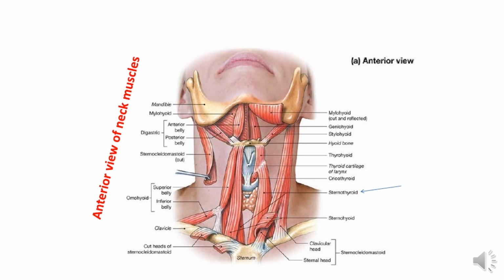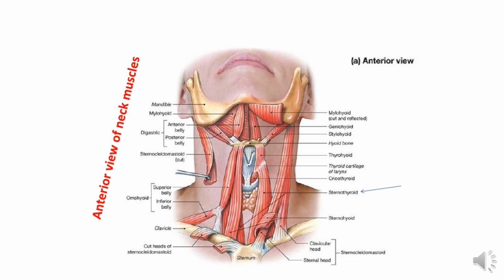Next we see the anterior view of the muscles of the neck, the external muscles of the neck. Regarding the hyoid attachment, the muscles above the hyoid bone cause elevation of the larynx, since the larynx is connected to the hyoid bone.